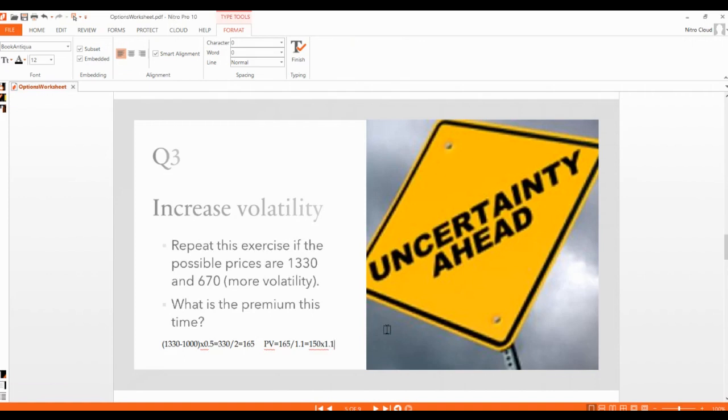So this is just 150 times 1.1 over 1.1. Or you can just do this with a calculator, which of course is, sorry, I made a typo there. Oh, no, I didn't. That's correct, which is just 150. So with increased volatility, what do we get? We get that this asset is worth more, this option.